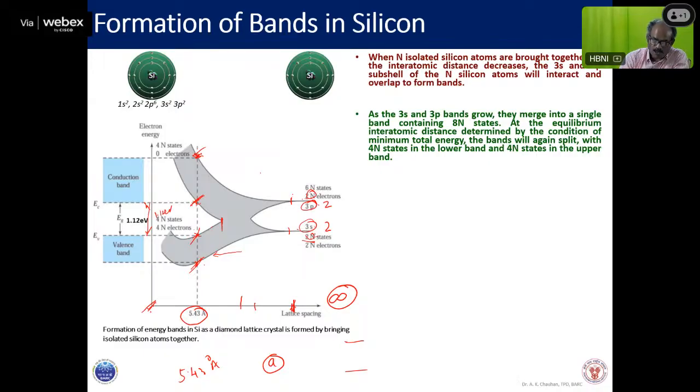Now, in a hypothetical situation, suppose the silicon, which has crystallized with the lattice parameter of 5.43 angstrom, had instead crystallized at 3 angstrom. In that case the gap would have been much more.